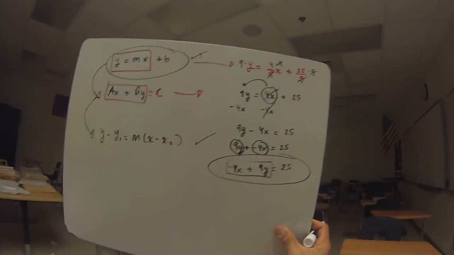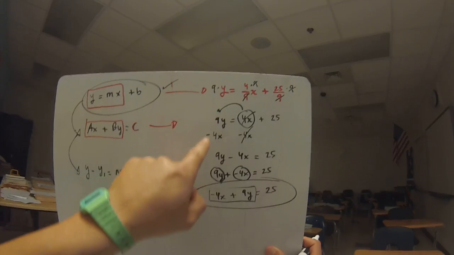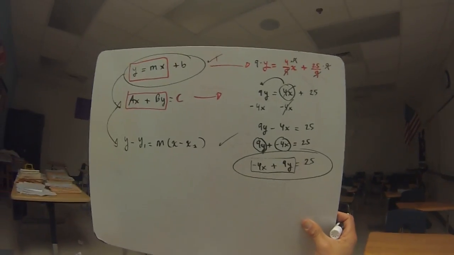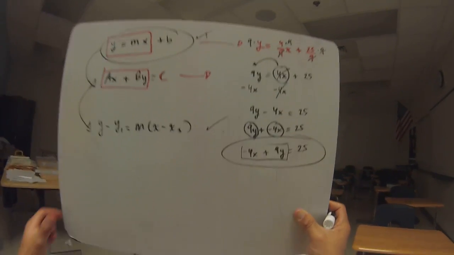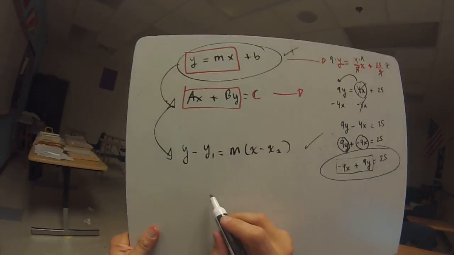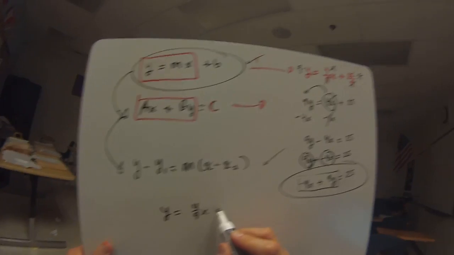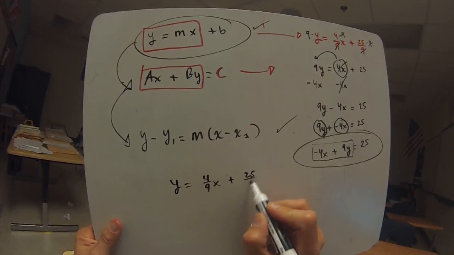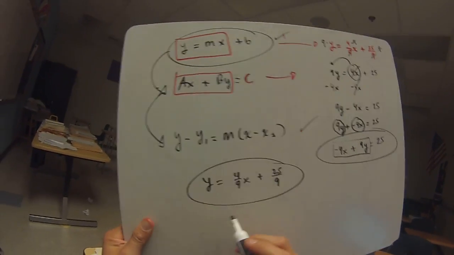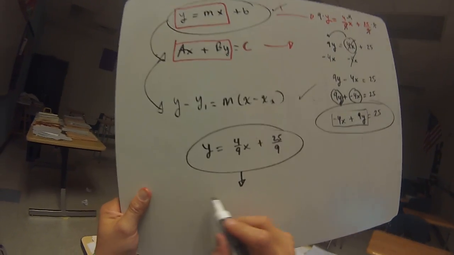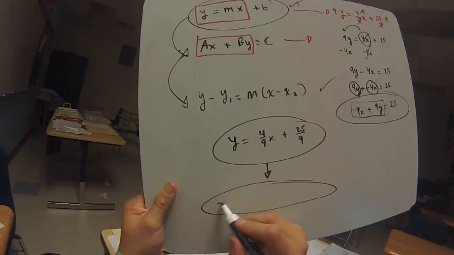So what we did here is we took our equation of the line and wrote it in standard form. On the EOC they can ask you those questions. Our equation of the line was this in slope-intercept form, but that can also be written like this in standard form.